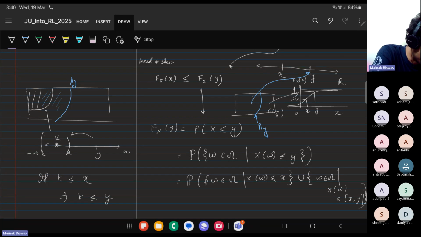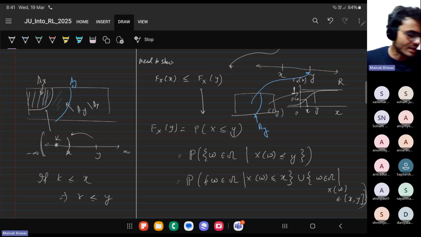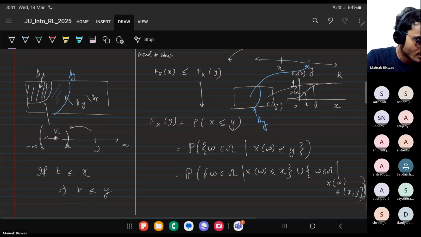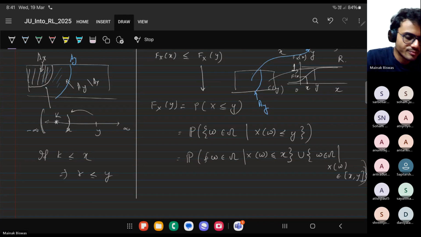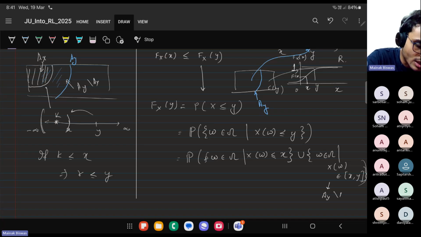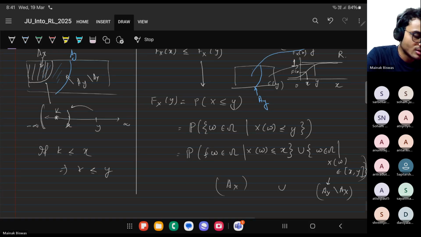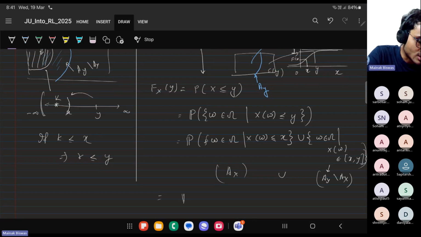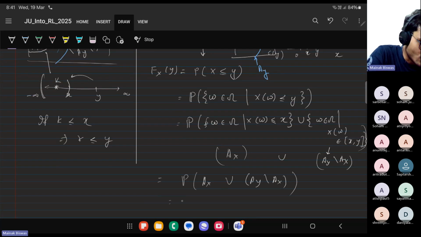So this will be a of x, and this will be a of y without a of x. Please go back and see the definition that we did last time. So this is P of a of x union a of y minus a of x, which is P of a of x plus P of a of y minus a of x.